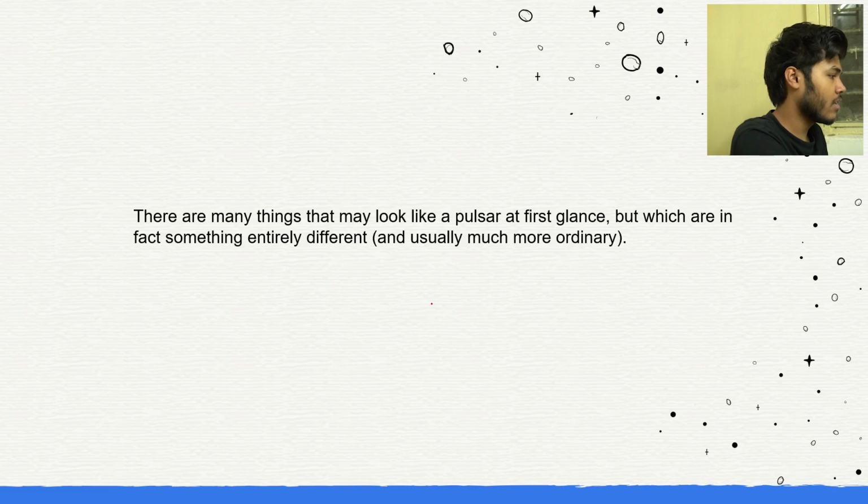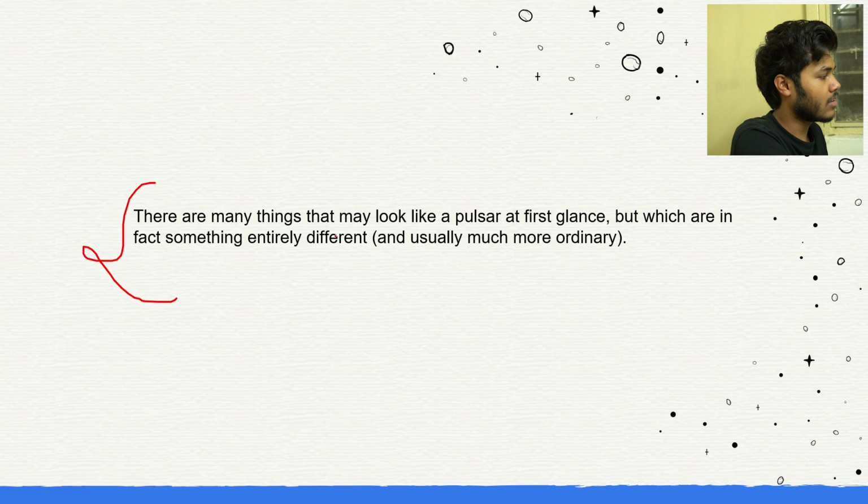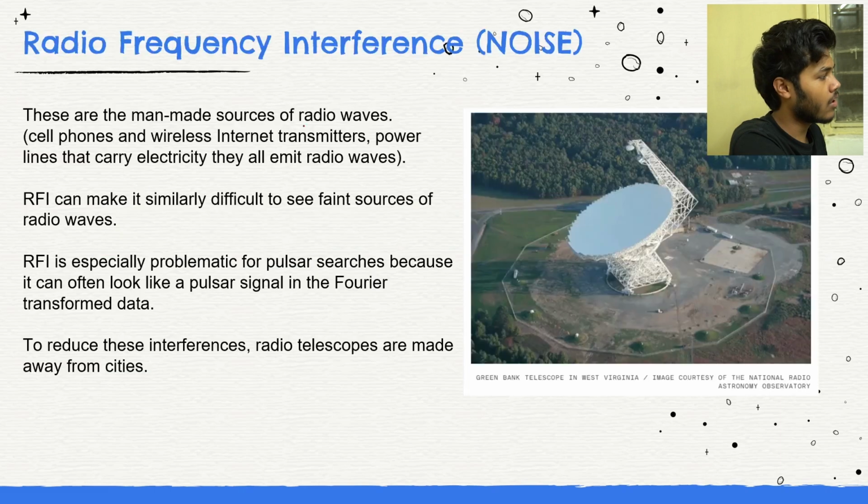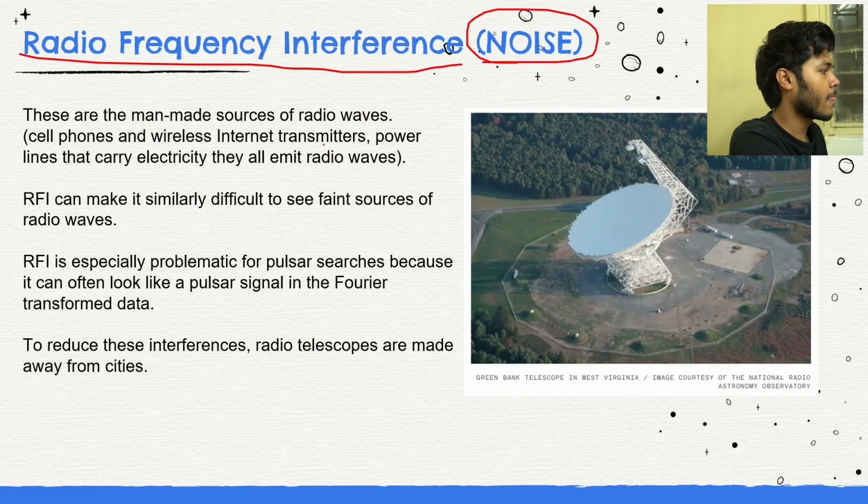So now we are detecting the pulsar. There are many things that may look like a pulsar, but they are not. These things which may interfere with our main signal are noise, and that is called radio frequency interference. These are man-made radio sources, like cell phones, which emit radio waves, and power lines, which emit radio waves.